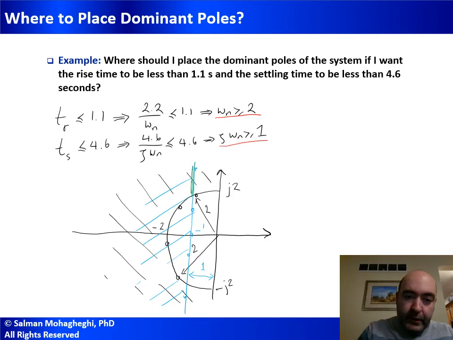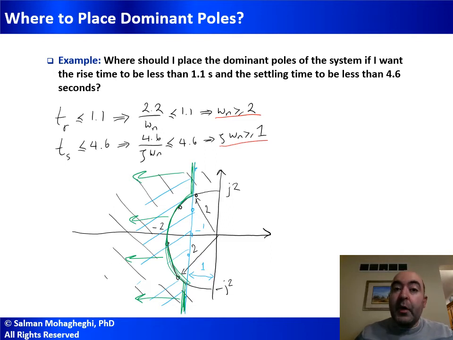So I will have, let me try to use a thicker line, anything to the left side of this green thick line is going to meet both criteria. It has a distance larger than 2 from the origin and a distance larger than 1 from the j omega axis. Hence, both rise time and settling time requirements are going to be met.